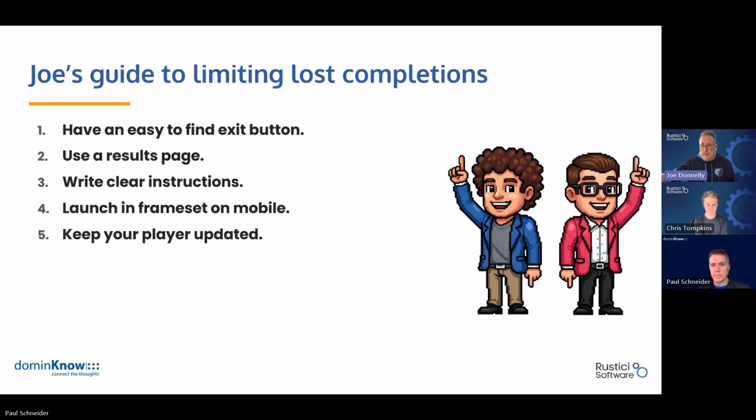We've found countless bugs that we didn't expect to even see, and they've all been fixed. So keep your player up to date and your LMS up to date with the latest version, with all of the latest fixes. Chances are your LMS has lost completions. I can almost guarantee it, because it is a problem we all have experienced if you're using SCORM at some point. So having that line of communication with them is pretty important, especially when it comes to upgrades.